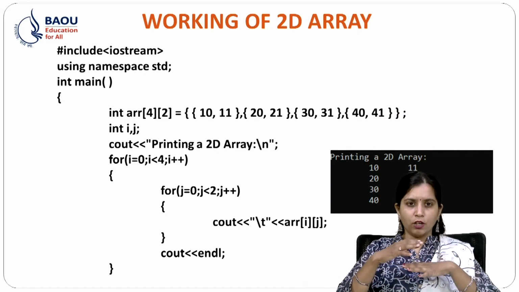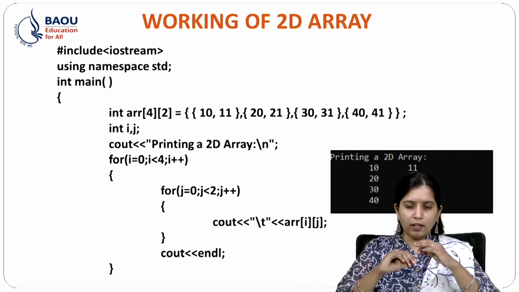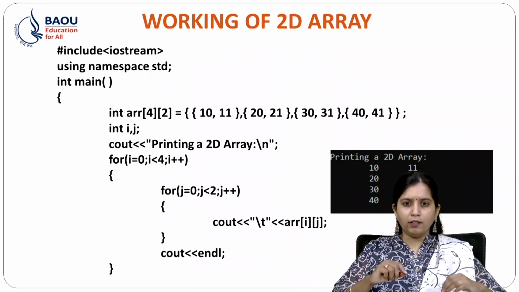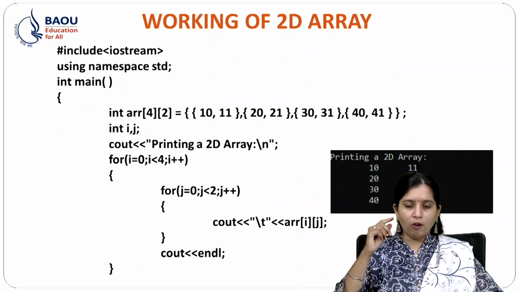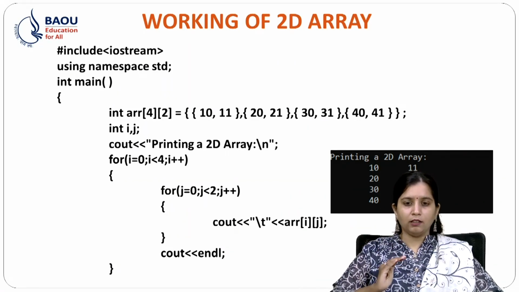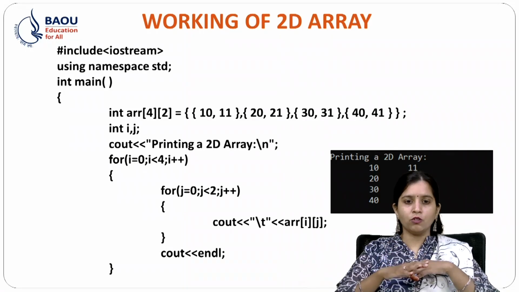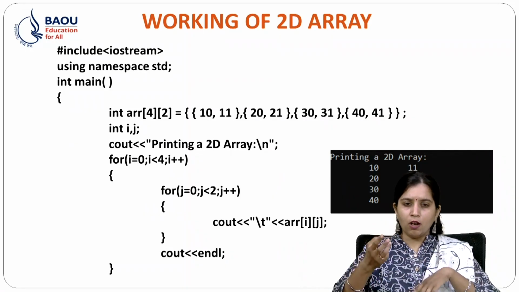We first initialize the 2D array, that is 4 and 2. After that we try to print the array using 2 for loops. The outer for loop is used for iteration of rows, while the inner for loop is used for iteration of columns.